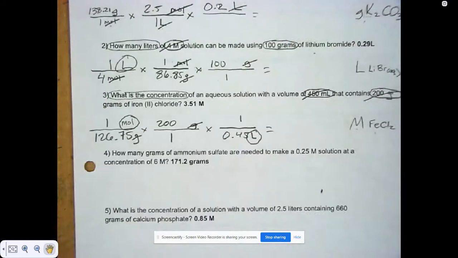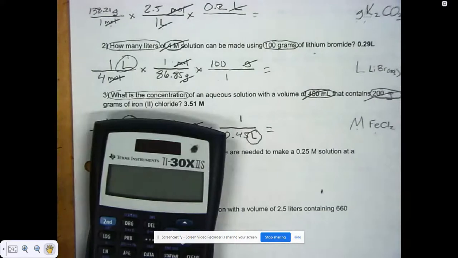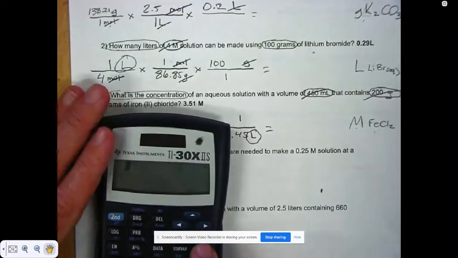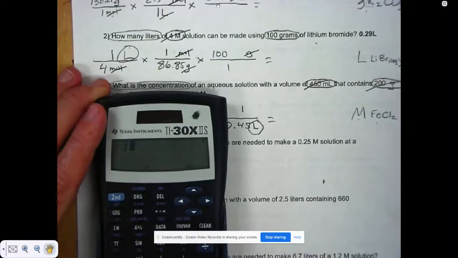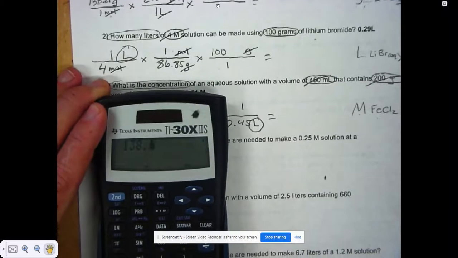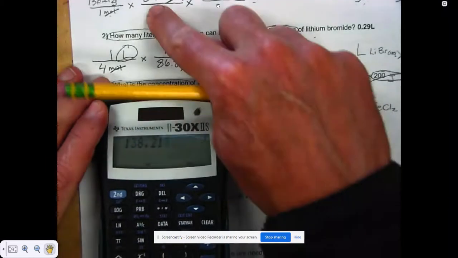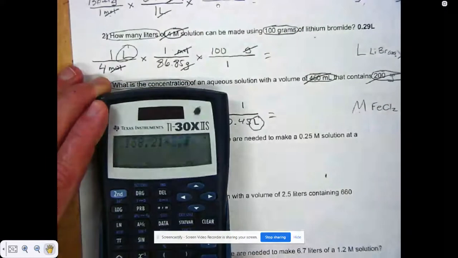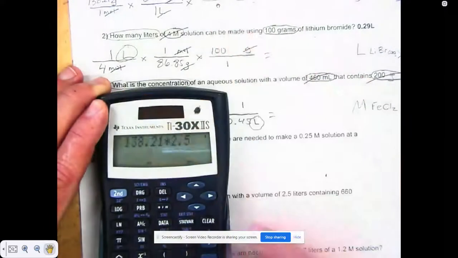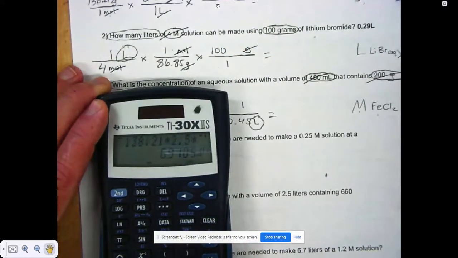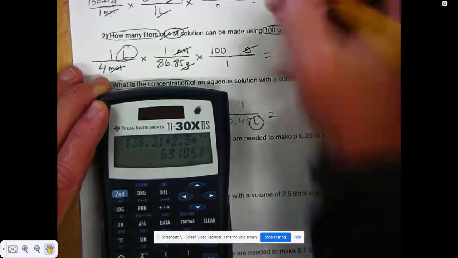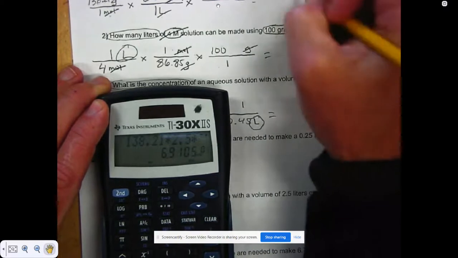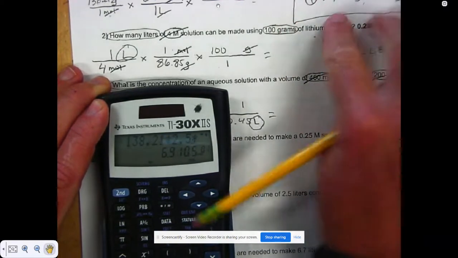So now I'm going to do my calculations. I'm going to do 138.21 times 2.5 times 2/10, and that equals 6.9 grams.